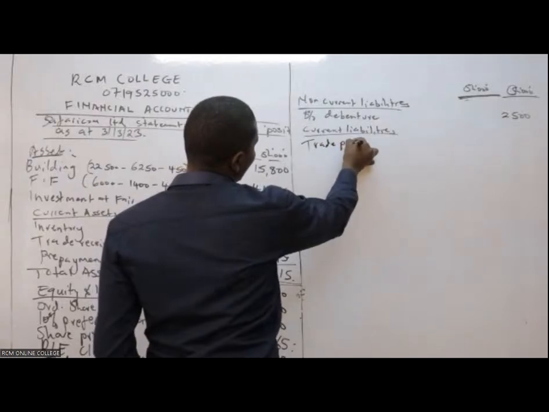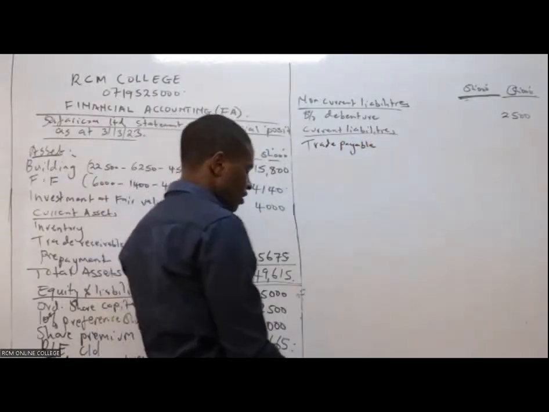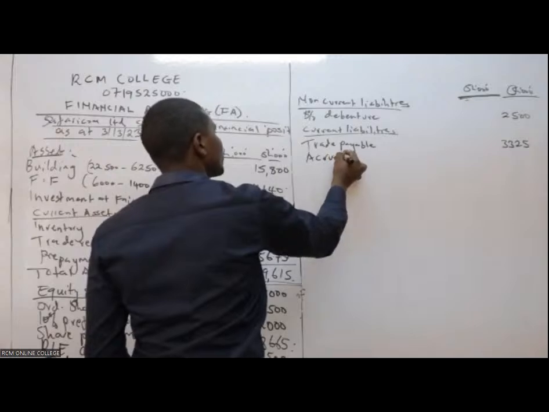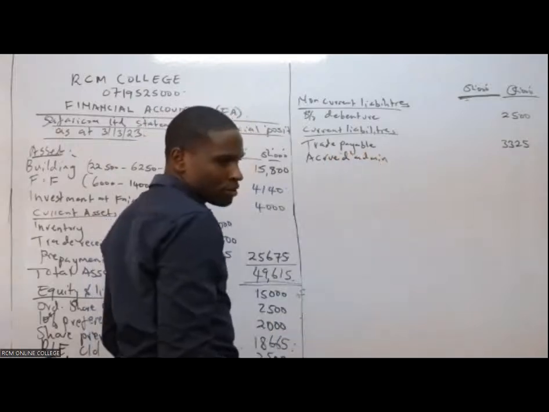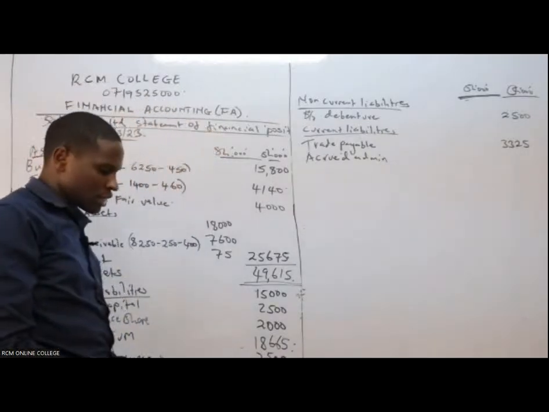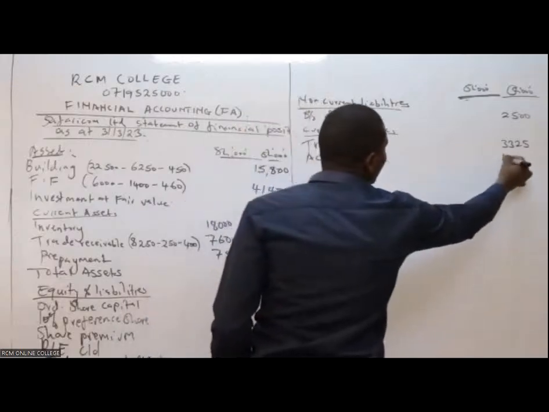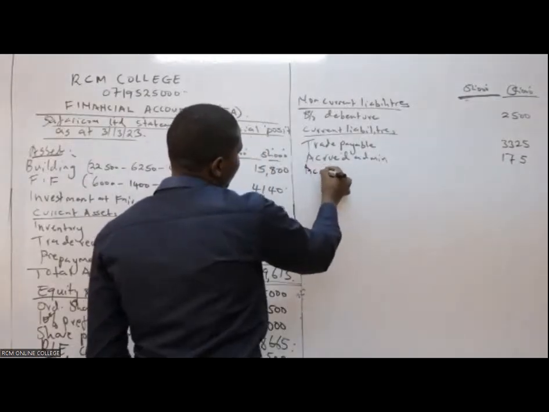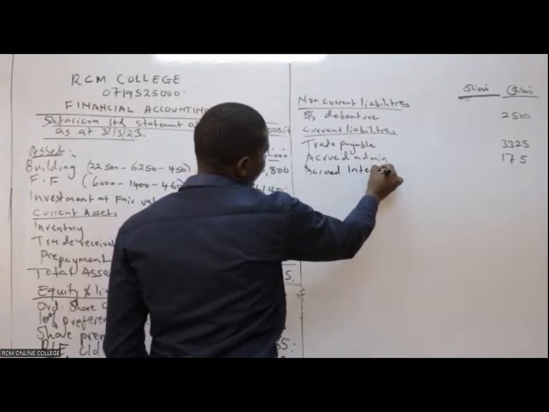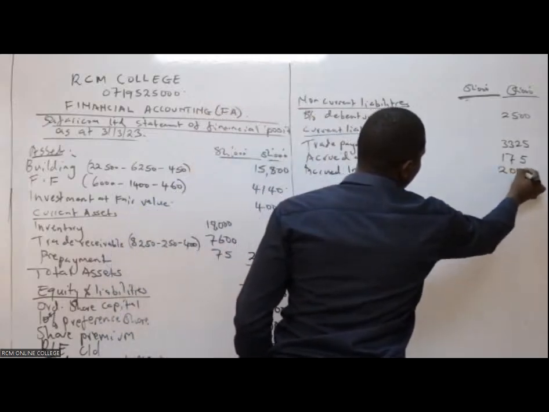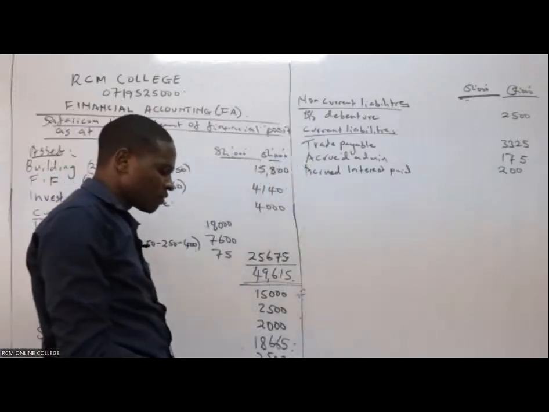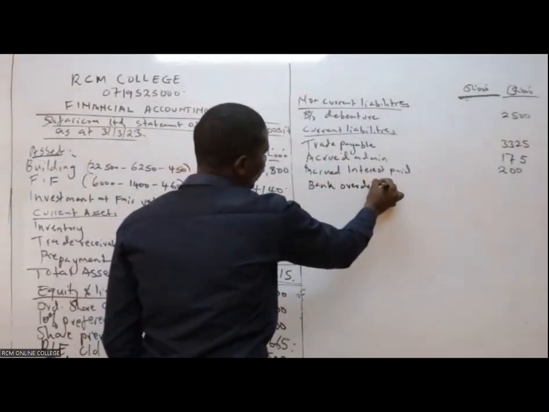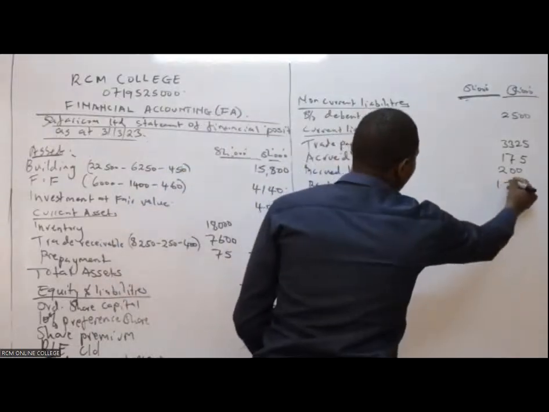How much is our trade payable? If you look carefully, we were given 3,325. Accrued admin, how much was it? Somebody to remind us. 175. There was also accrued interest paid, the one of 200. We were given bank overdraft because it is on the other side. When you see it credited, that is a bank overdraft of 1,500.